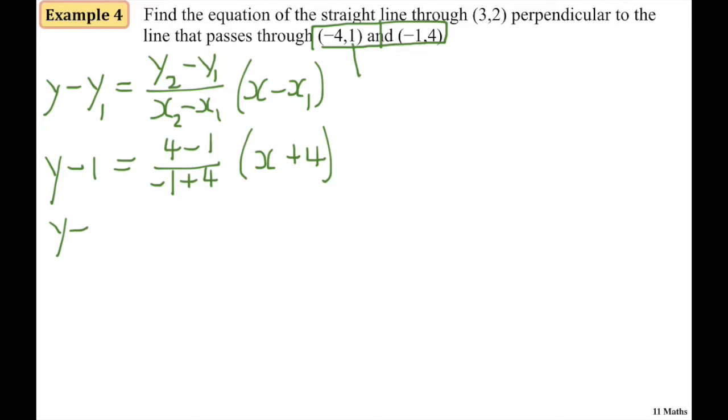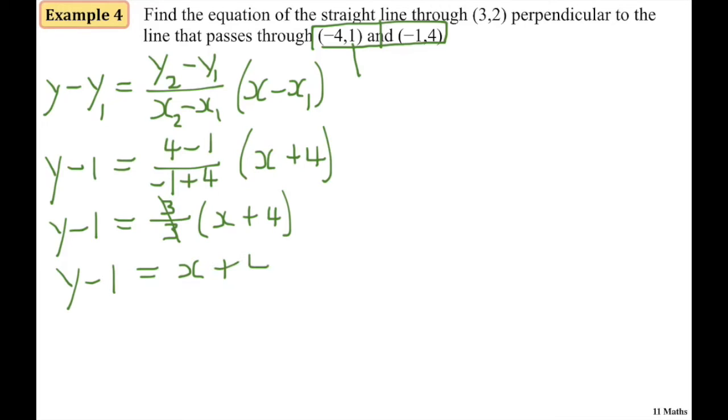So I get y - 1 = 3/3 (x + 4). 3 over 3 is just 1, so I get y - 1 = x + 4. y = x + 5. That line has a gradient that we can recognise as 1.